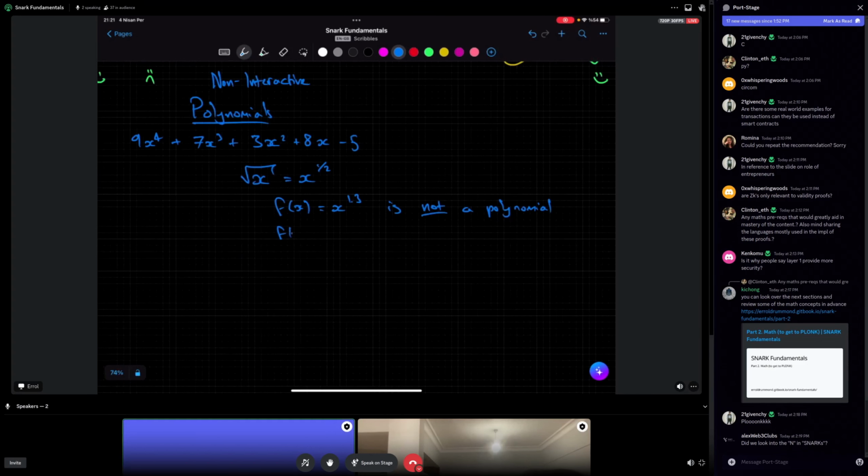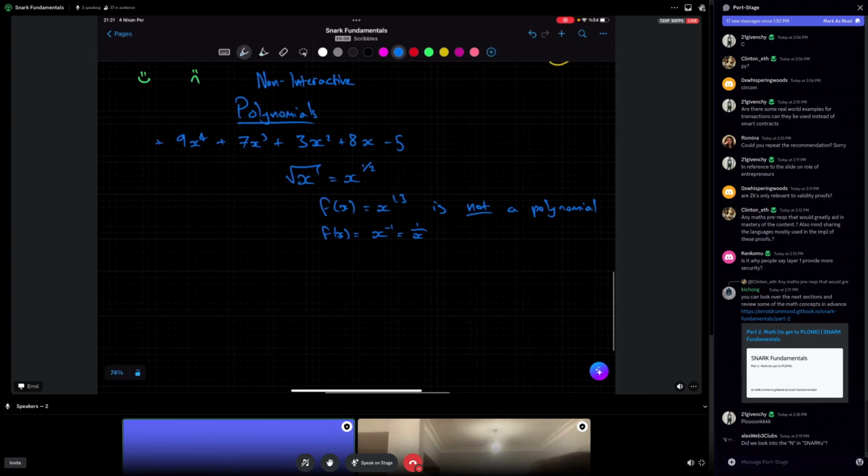Neither is f of x equals x to the minus 1, which is the same as 1 over x, because the minus 1 is negative. We have to have positive whole numbers. Okay? And that's kind of it. But we can just keep making them bigger and bigger by extending them with higher powers of x.